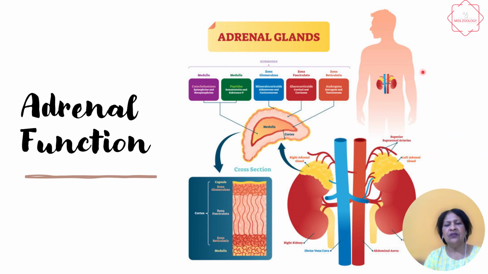This is a recap of all that I spoke in the previous slides, from its location to the structures. Additionally, what you can see are the arteries from the aorta, that is a renal artery, with the arterioles, which is bringing the supply of blood to the adrenal gland as well as to the kidneys.